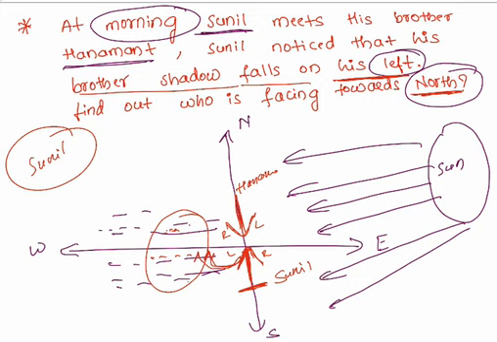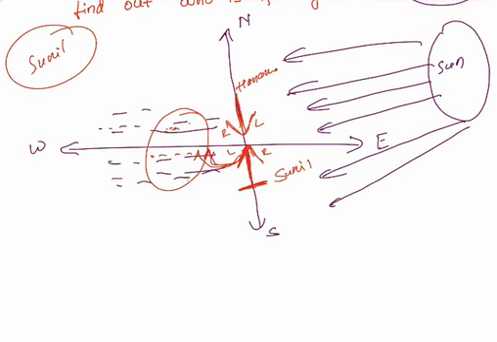First, you draw the diagram. Put any one of them in north or south, and check whether it is correct or false. For example, you place Hanumant here, with Hanumant's right and left. This is Sunil, with Sunil's left and right.